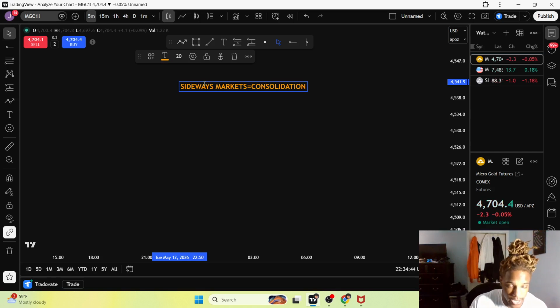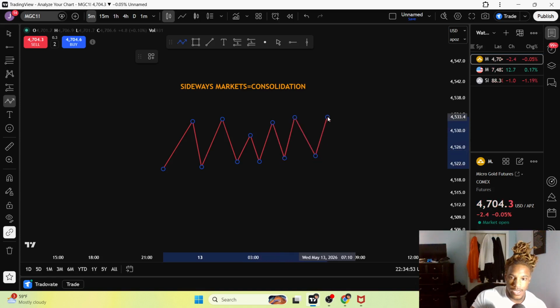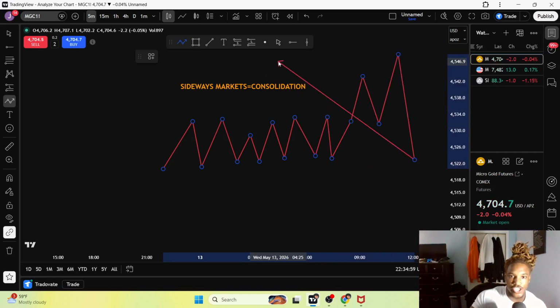This is the market that you want to stay away from, because the market is literally doing this. It's not going anywhere. It's not going up. It's not creating higher highs, higher lows. It's not coming down. It's just going sideways.